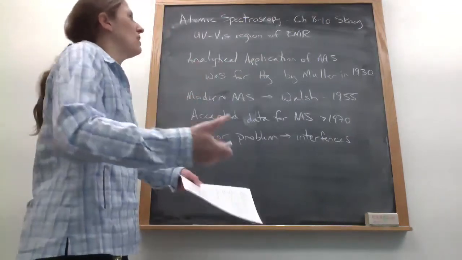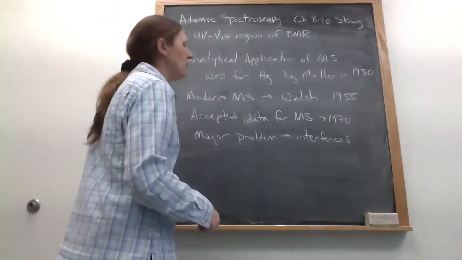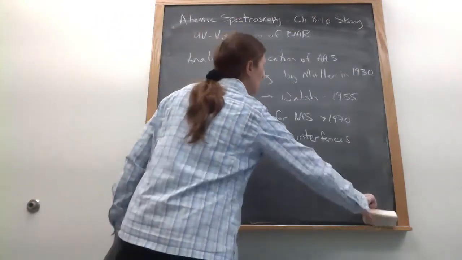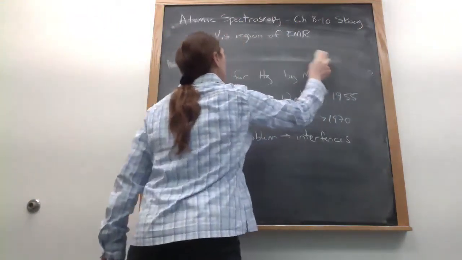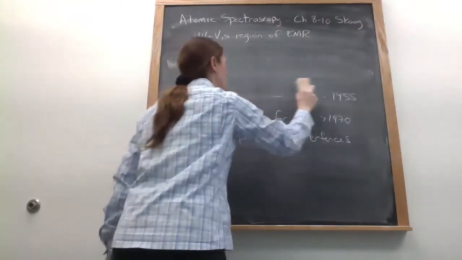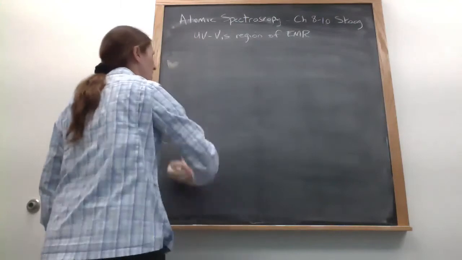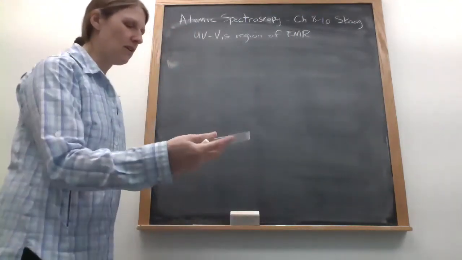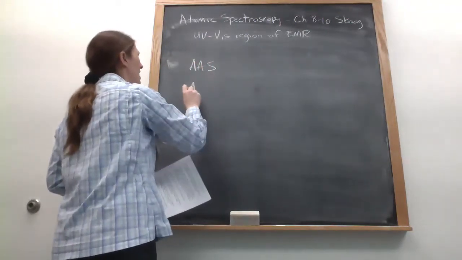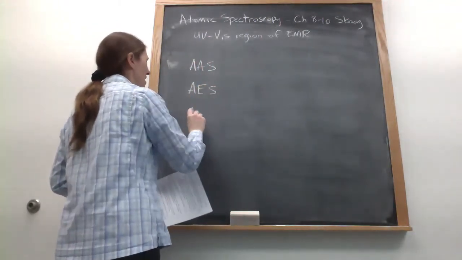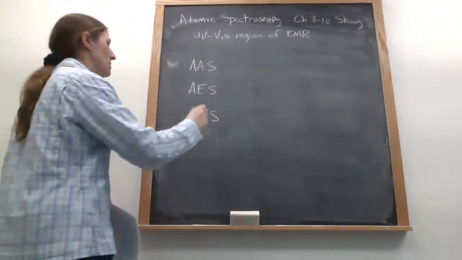Since we're starting generally by talking about atomic spectroscopy as a whole, there are three types of atomic spectroscopy that we need to discuss. In the same way that we've seen for other techniques, such as detectors for FIDs, these all are given acronyms: AAS, AES, and AFS. These are all types of atomic spectroscopy.